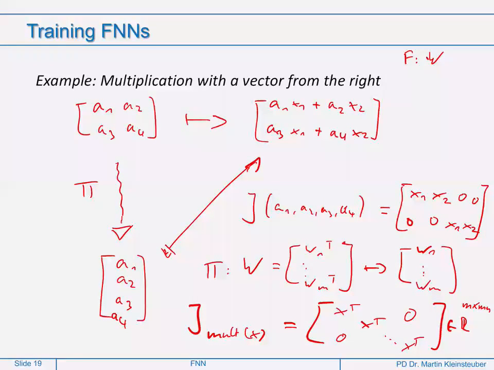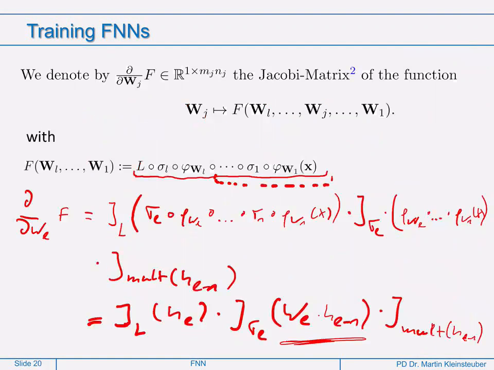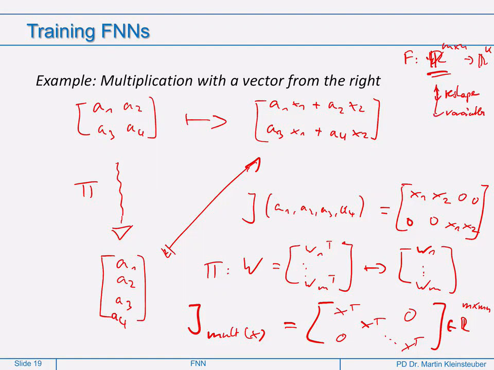So W in R^(m by n), and we map that to R^k, and the input is in matrix form. What we have to do is reshape the variables, and then we compute the gradient.